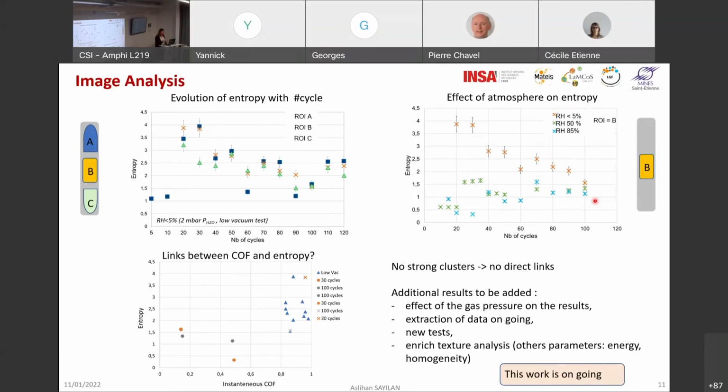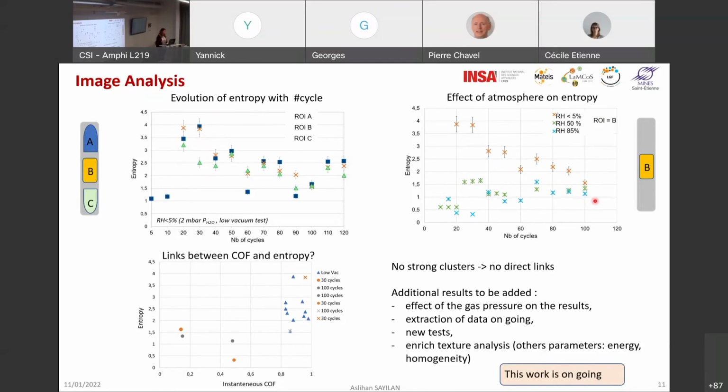As I said before, the friction coefficient for low vacuum was higher by comparison to the humid mode tests, but it was not so easy to correlate it with the instantaneous friction coefficient at a specific time at a specific place.